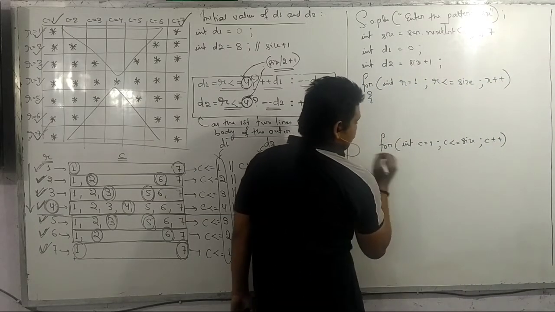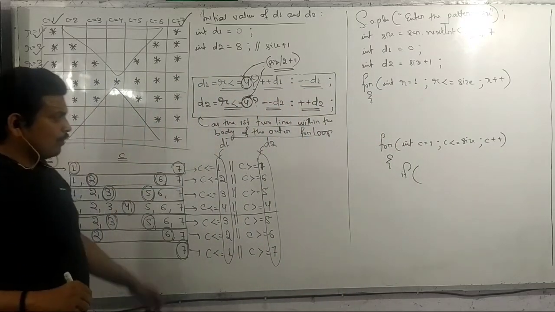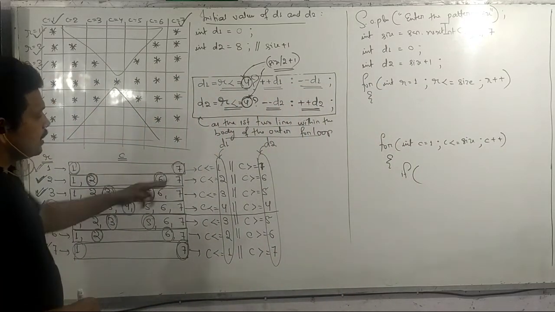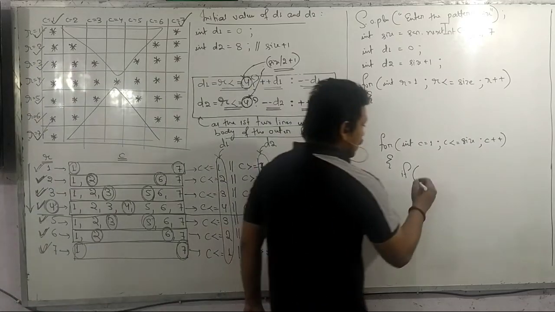If what is the condition within which the stars are getting printed? C less than equal to D1, logical or C greater than equal to D2.